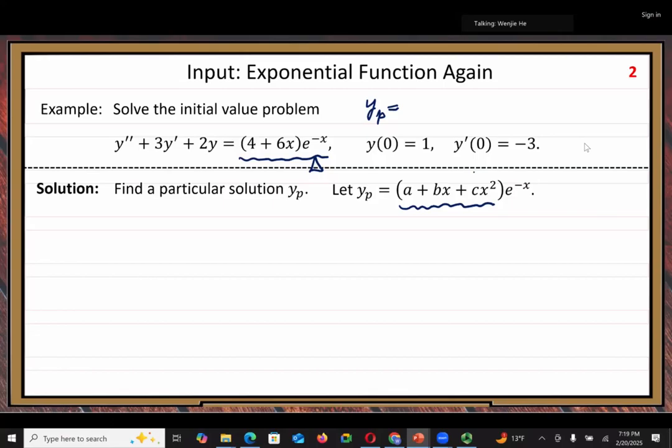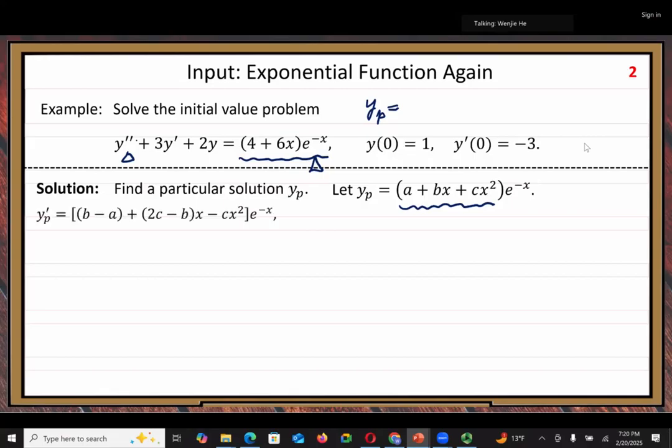You may ask, why do we select this quadratic undetermined? Because it's second degree, right? Double prime. Second degree, so quadratic. Third degree, cubic. Things like that.